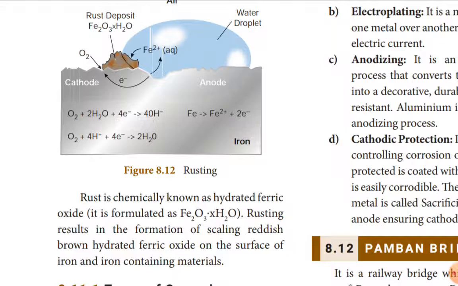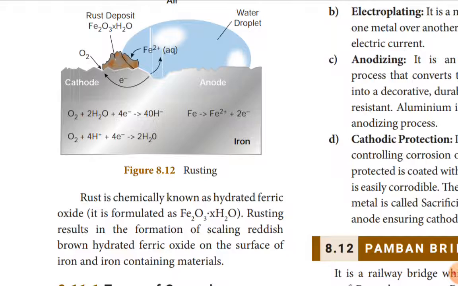Hydrated ferric oxide is the chemical name of rust, and its formula is Fe2O3·xH2O. That is the formula of rust. The phenomenon of formation of rust is known as rusting.